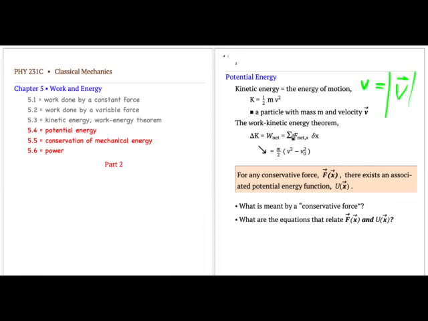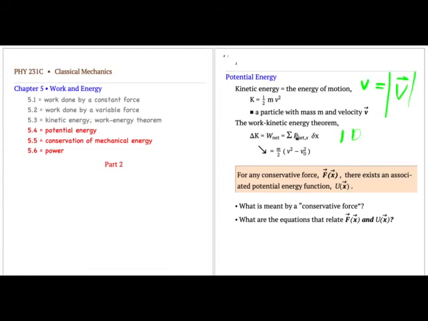So, in other words, if the net force depends on position, it's the sum of the net force times the displacement. Well, that's really the formula for one-dimensional motion. So a particle moving in one dimension with a coordinate x, it'll move from some initial position x0 to some final position x.